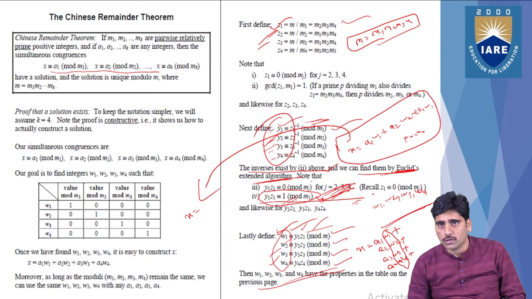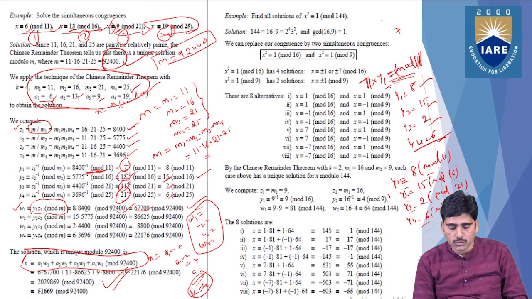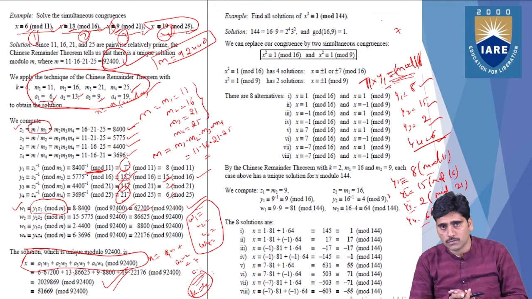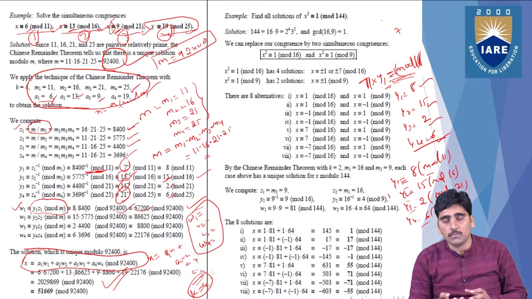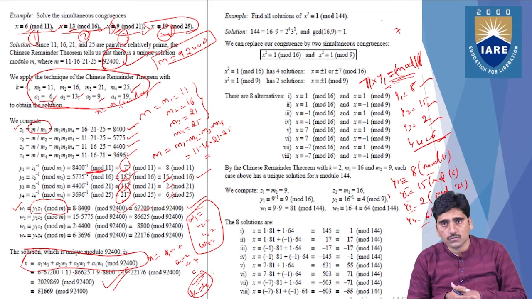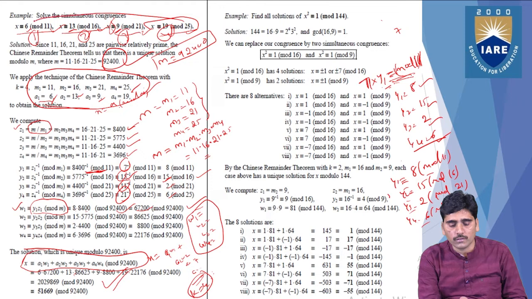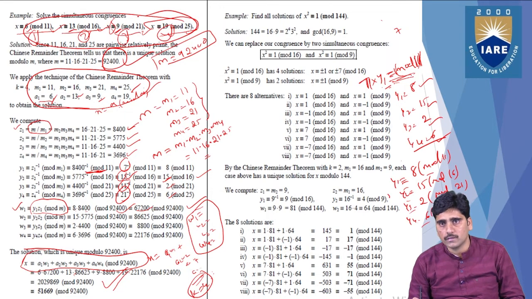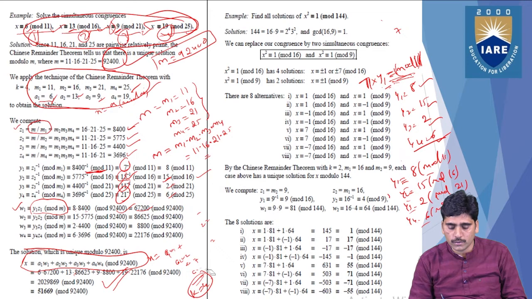So coming to this problem, after finding all these z values, y values, and w values, you can simply substitute them in the unique solution formula: x equals a1 w1 plus a2 w2 plus a3 w3 plus a4 w4 mod m. There you can substitute all these w1, w2, w3, w4 values. Then you will get the unique solution for these simultaneous congruences, right?